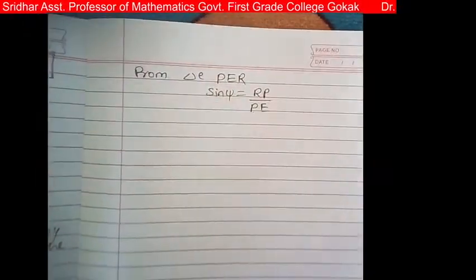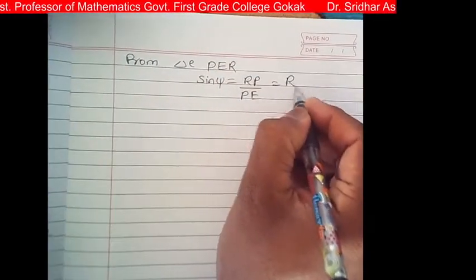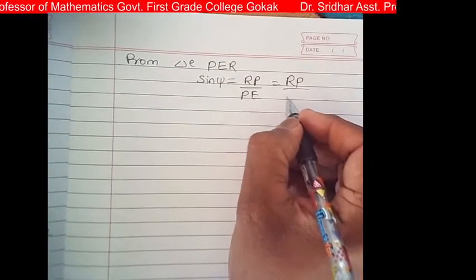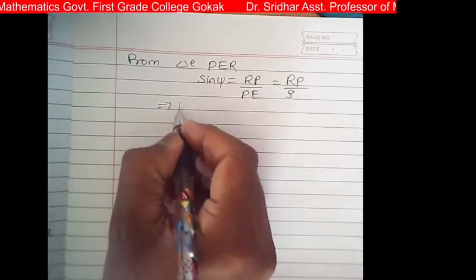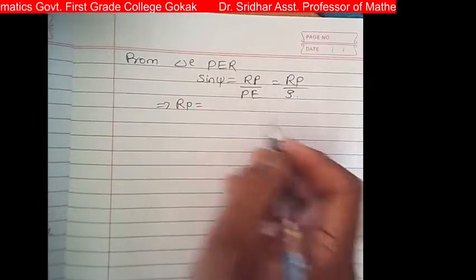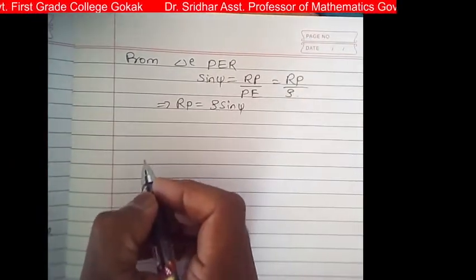So sin psi is equal to RP divided by rho. Now we need RP, so RP is equal to rho into sin psi.